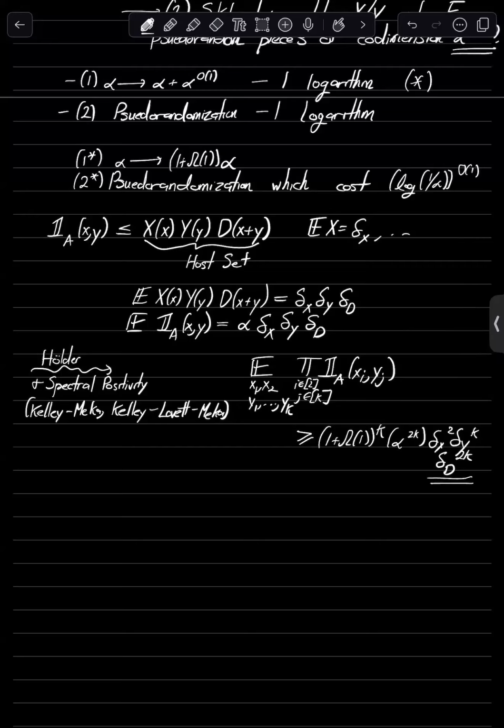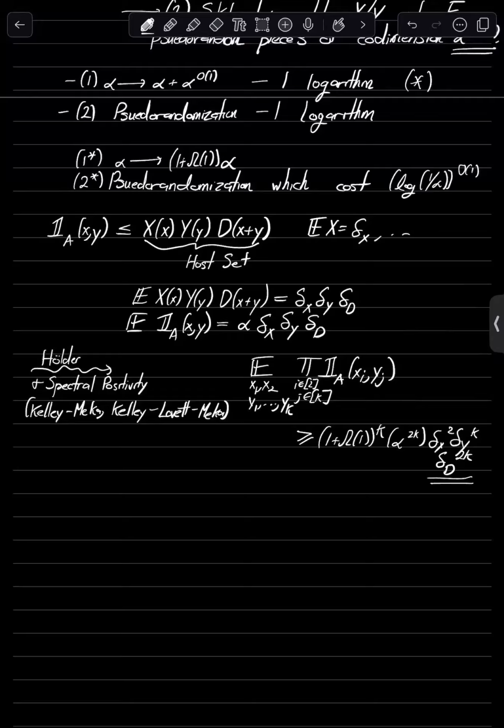So that's where you get the delta x squared from. There are k distinct values of y, y1, y2, all the way to yk. So that's why there's a delta y to the k. And there are 2k different values for the sum, xi plus yj. And so that's where you get the delta d to the 2k. So that's the random prediction.